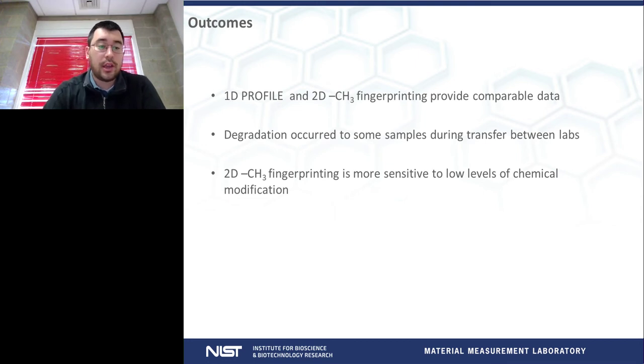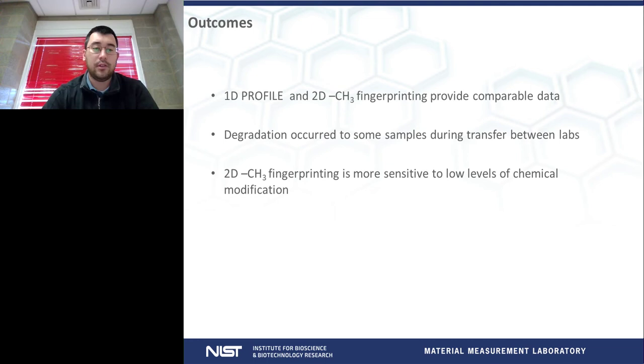So to just illustrate some of the outcomes that we've seen from this study, one, the profile method and the 2D fingerprinting method, for the most part, provide fairly comparable data in these instances that we showed, with the exception that the degraded samples were less sensitive, or less able to be detected by the 1D profile method, I should say, than the 2D fingerprinting method.